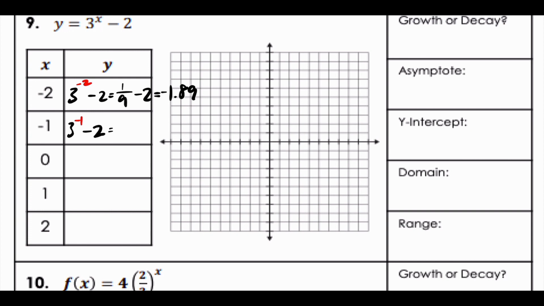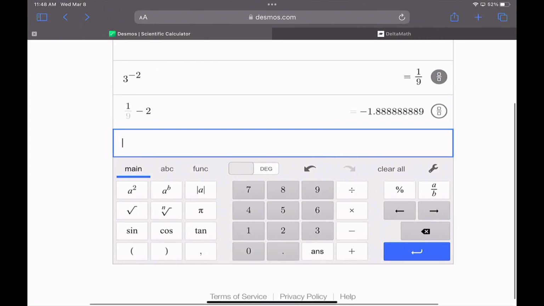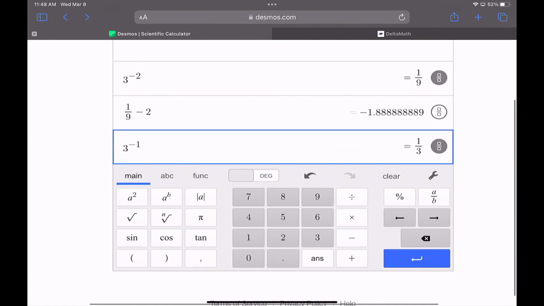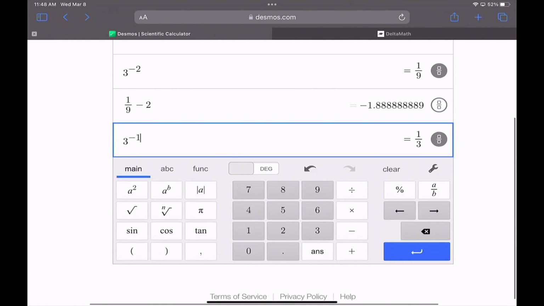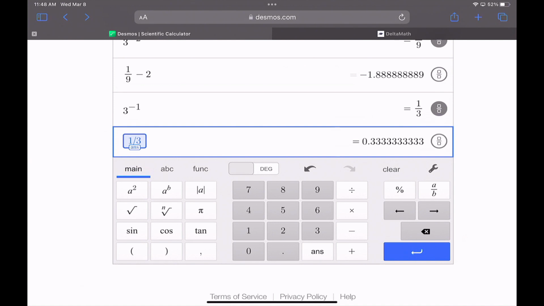When I move it to the bottom, it becomes 1/3. 3 to the -1 power becomes 1/3. 1/3 minus 2 whole. -1.67.